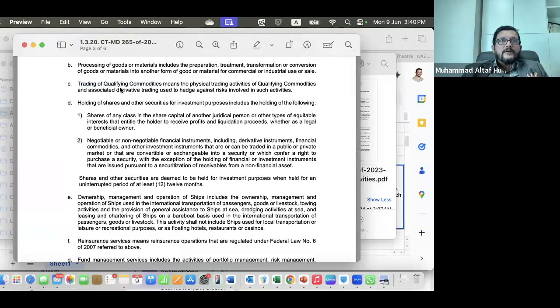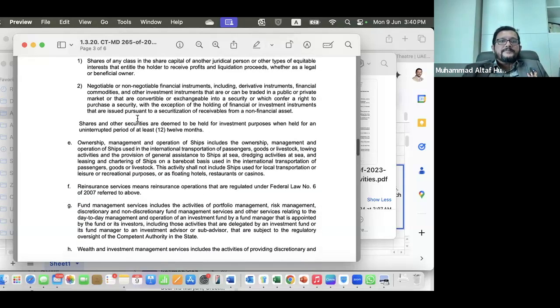DFM, ADX, Dubai Financial Market and Abu Dhabi Exchange deal with securities, shares, bonds, sukuks. These are securities. Dubai Mercantile Exchange, on the other hand, deals with gold bullions, silver, platinum, palladium. These are physical commodities. Huge difference. Clear? So holding of shares is a very different story.